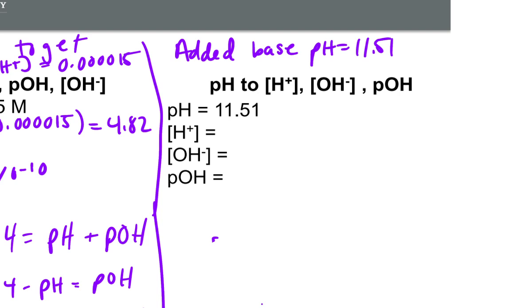In my notes, I did the concentration of H plus equals 10 to the minus 11.51 to get 3.1 times 10 to the minus 12.